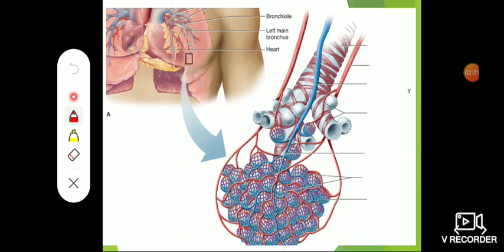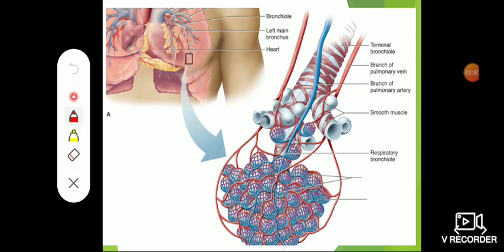Coming down to the part where gas exchange takes place, this is the terminal bronchiole, which starts after the tertiary bronchiole. These are the vessels supplying it, the pulmonary vein and pulmonary artery, which we discussed in the previous lecture. These are the smooth muscles covering the terminal bronchiole; their contraction will change the diameter of the conducting zone.